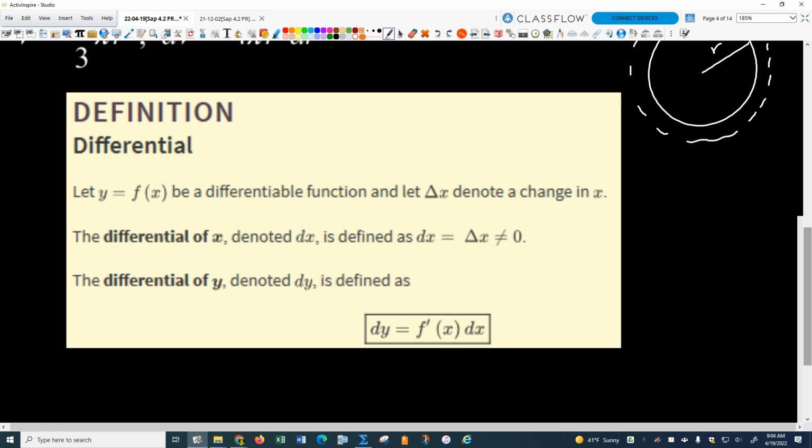Okay, so if y equals f of x is some differentiable function, and delta x denotes a change in x, the differential of x, denoted dx, is a very small version of delta x. We're going to change x by small amounts. Then the differential of y, which is how much y is changing, dy, is equal to f prime of x, the value of the derivative at x, times dx.